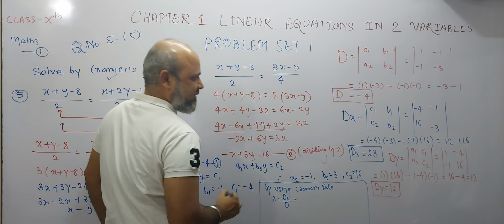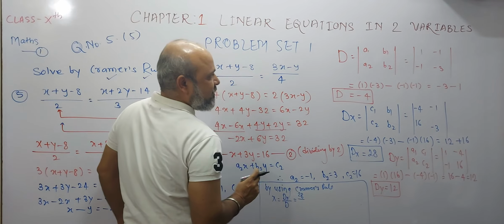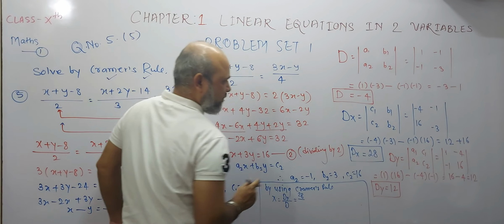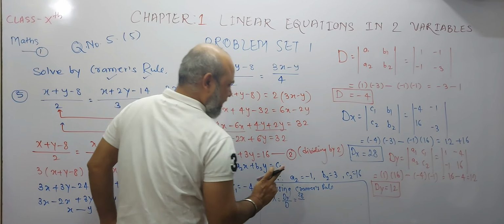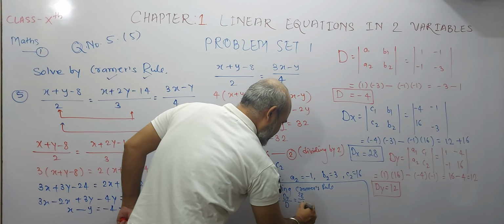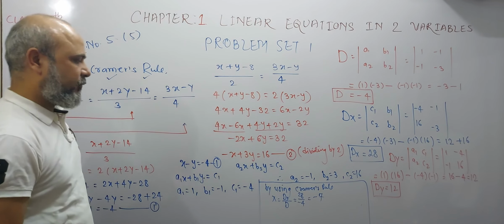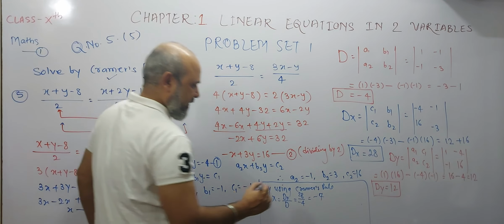And what is dx? dx is 28 and d is minus 4. So you will divide and get minus 7. 4 1s are 4, 4 7s are 28.